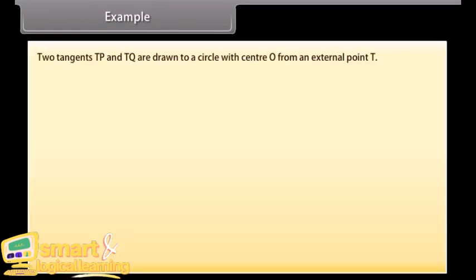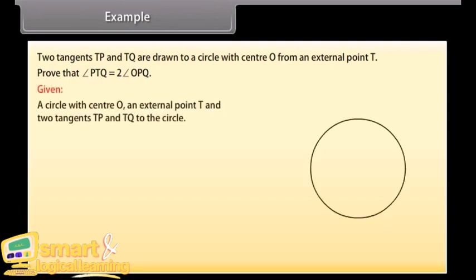Example. 2 tangents TP and TQ are drawn to a circle with center O from an external point T. Prove that angle PTQ is equal to 2 angle OPQ. We are given a circle with center O, an external point T and 2 tangents TP and TQ to the circle where P and Q are the points of contact.